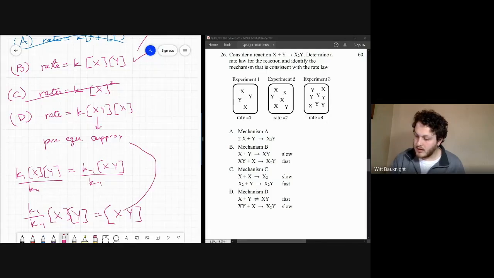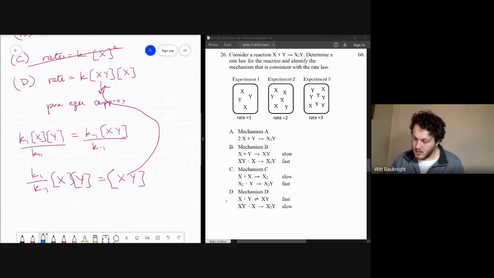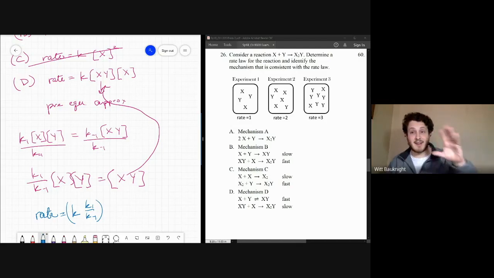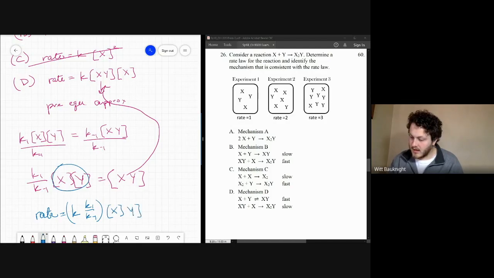So I'm going to plug that in up here, and after I plug it in, rate is equal to k1 over k negative 1. A constant times a fraction of two constants is still called a constant. So it comes out to k. But I have x, y, x.